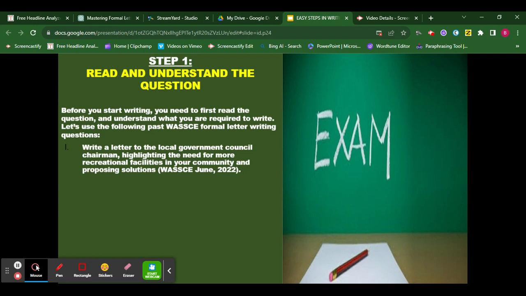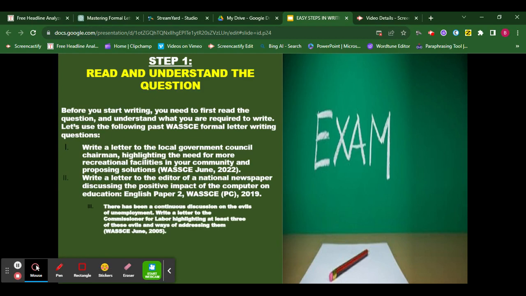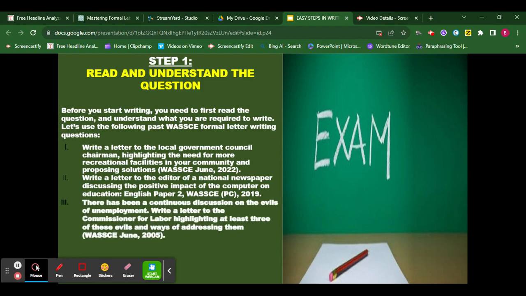All right. Now, number 2, write a letter to the editor of a national newspaper discussing the positive impact of the computer on education. This is taken from English paper 2, WASSCE of 2019. Now, the third example, number 3, reads as follows.